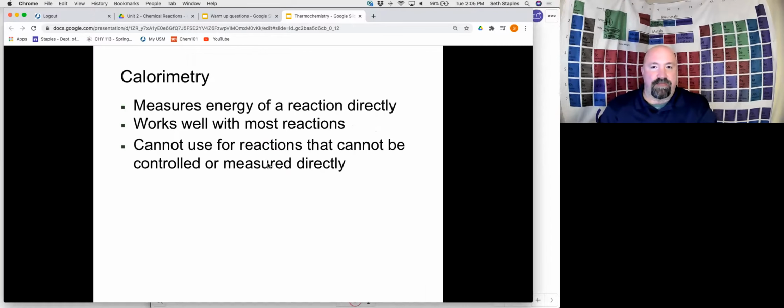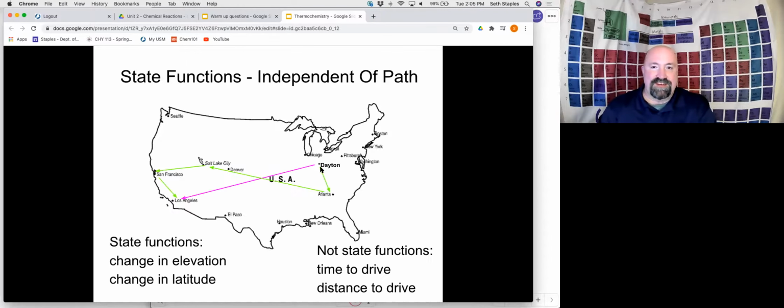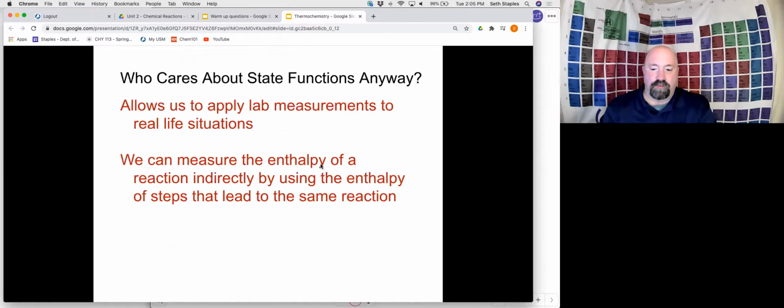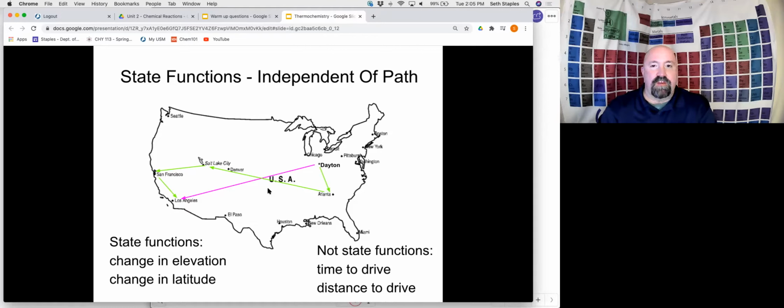Imagine you're flying from Dayton, Ohio to Los Angeles. You could either fly directly, if you were lucky enough in this day and age to get a direct flight, or more likely, you're going to hit several hubs along the way.